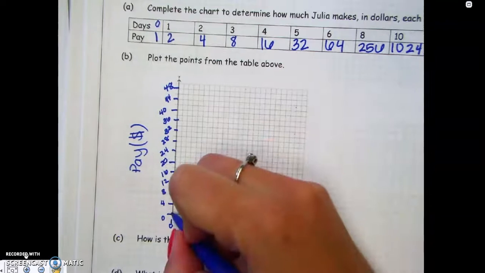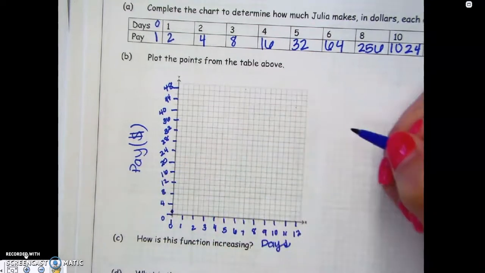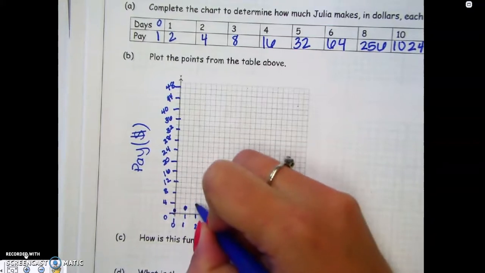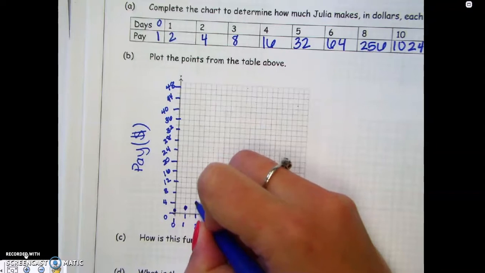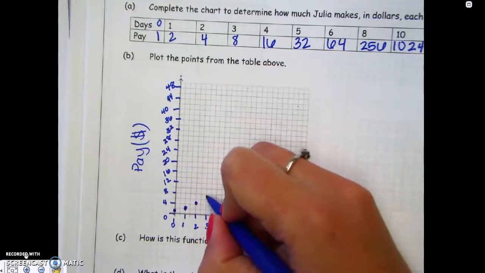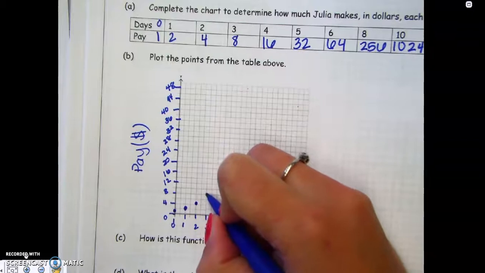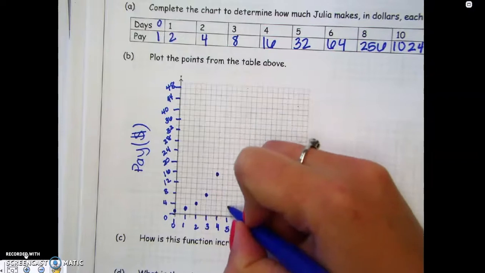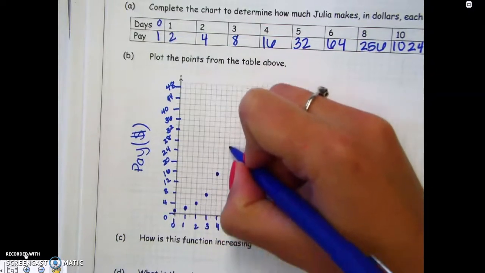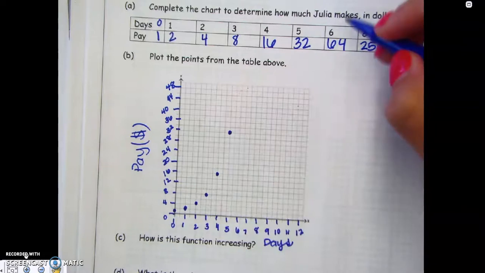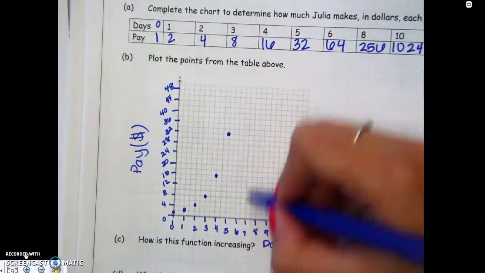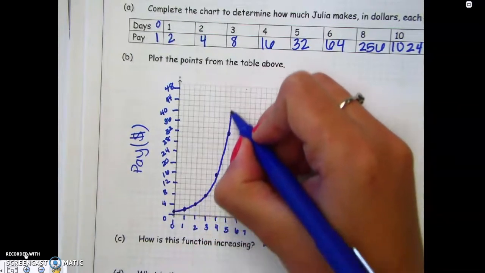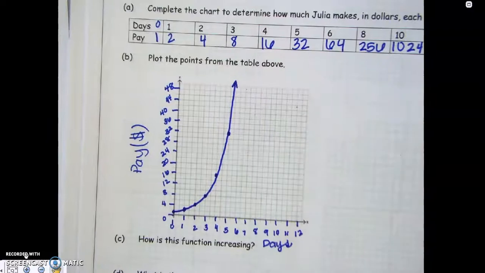So 0, 1 is my first point, and then I'll plot 1, 2, then 2, 4, then 3, 8, and then 4, 16, and you can see it's going up, 5, 32, 6, 64, but that will go off. So that's the most I can plot here, so I'll connect the dots. And I'll continue it upwards and put an arrow to indicate that it goes on forever.